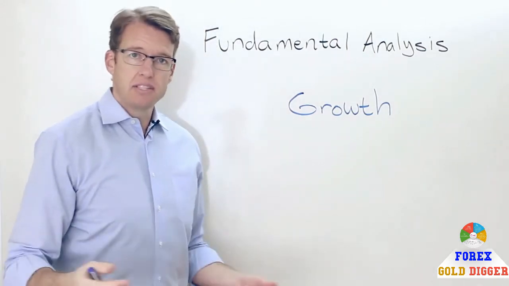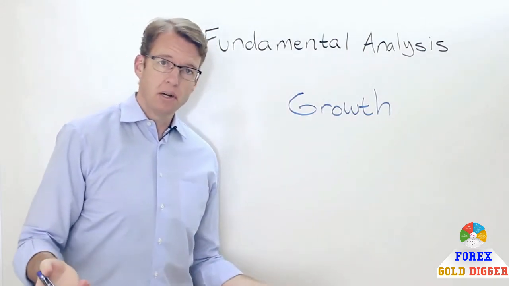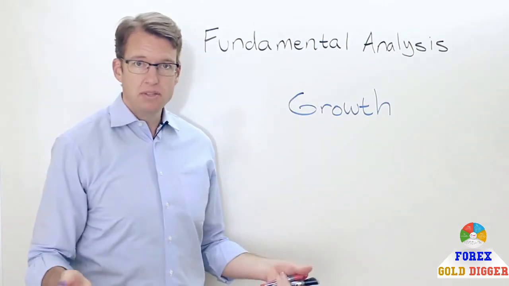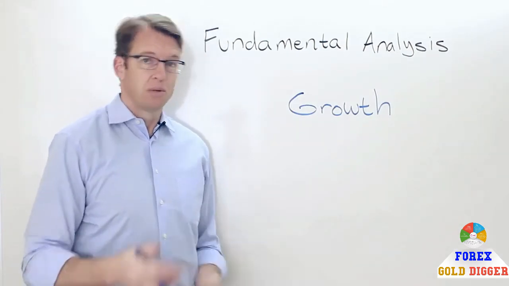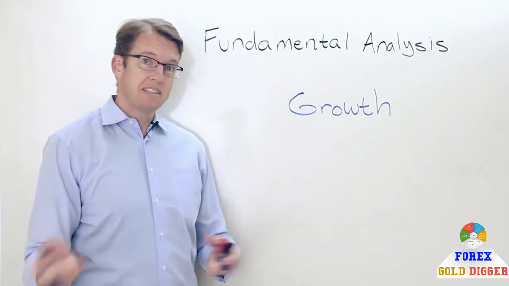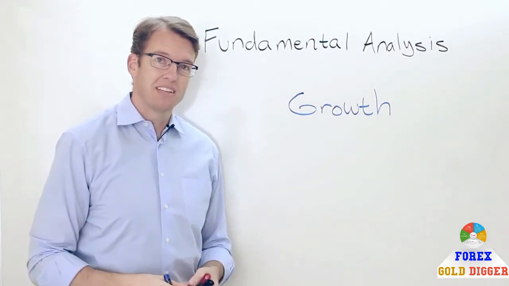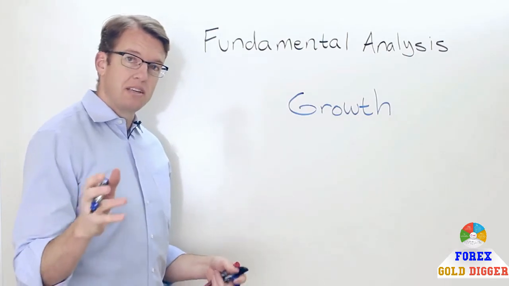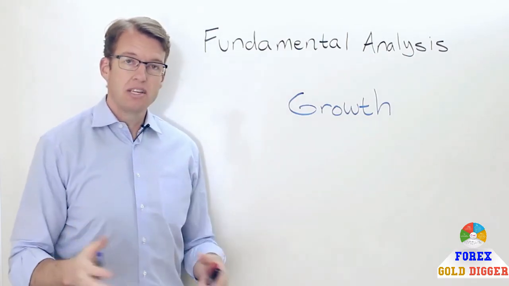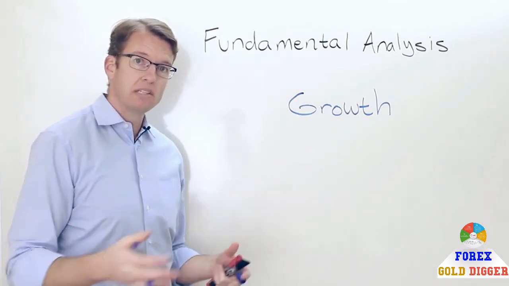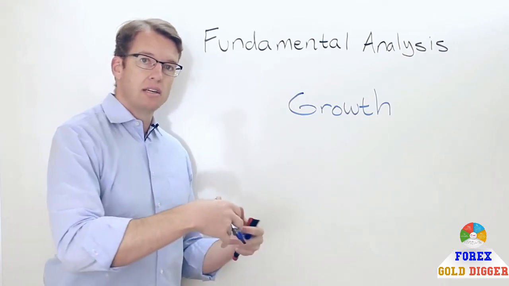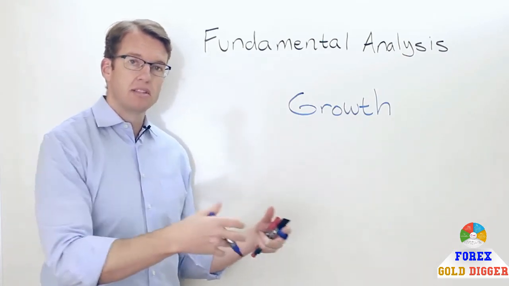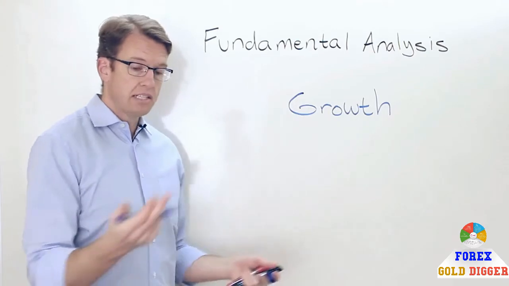Think, for example, every time we see a lot of growth within emerging markets, one of the things that happens is that their currencies tend to appreciate, which can be a good thing in some respects and a bad thing in other respects, especially if it gets too out of hand. So we see growth increasing the potential demand for a currency and therefore increasing its value relative to a currency that is connected to an economy that is not growing or even potentially contracting.